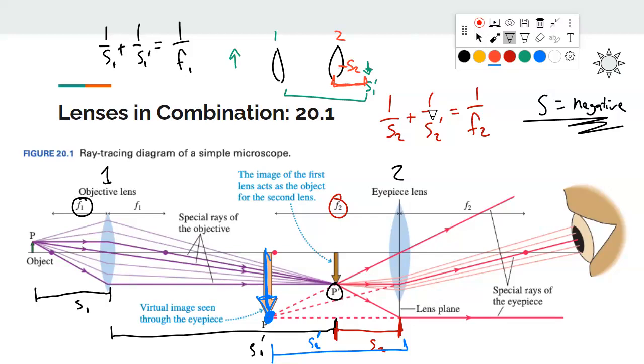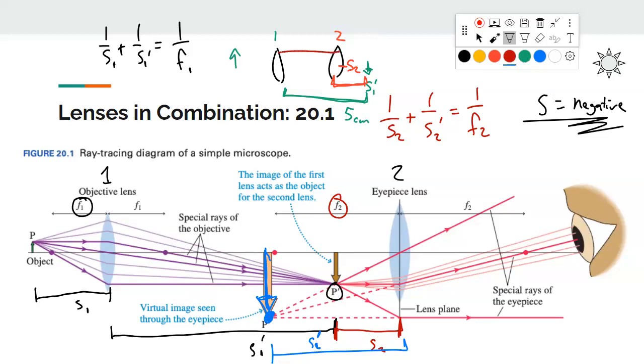So the object length for this lens 2 in this situation would be the negative distance from lens 2 to wherever that image forms on the right side. So just to give you some numbers here, let's say that from lens 1 to this real image over here, maybe we found that this was 5 centimeters.